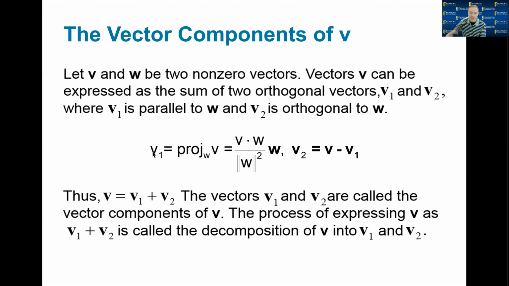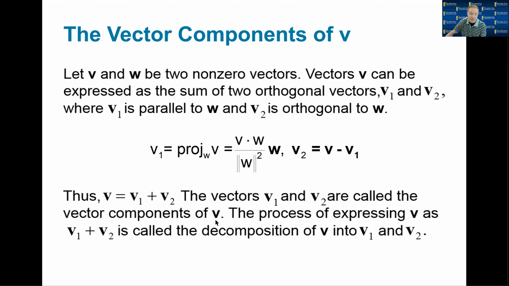So if I let v1 be the projection of v onto w, which is just my vector projection formula, then vector v2 is just going to be whatever your original vector was minus this projection. Then obviously v1 plus v2 would give me back the original vector v.